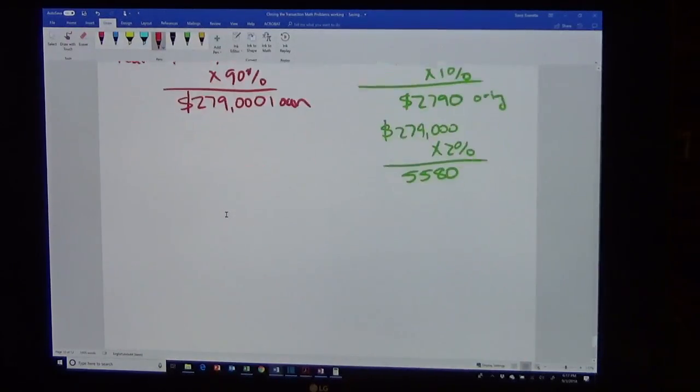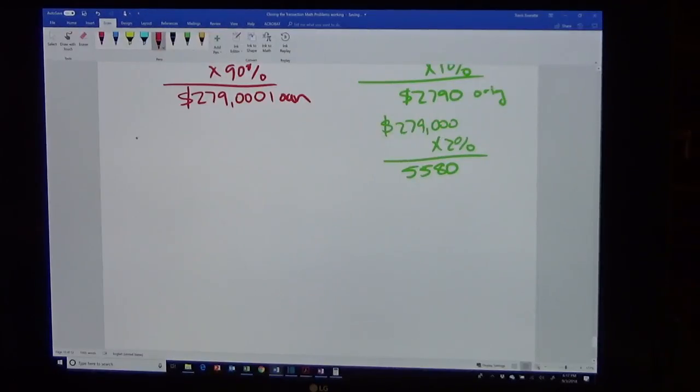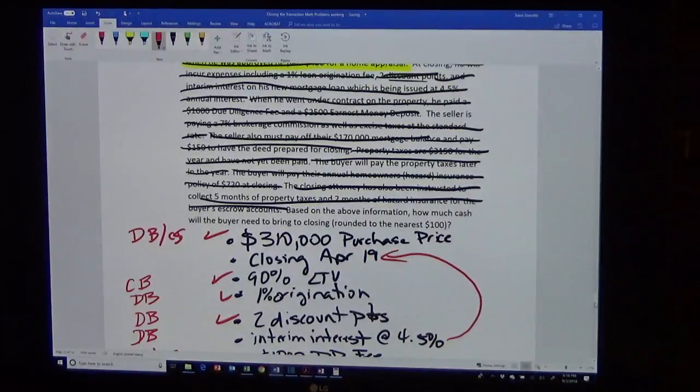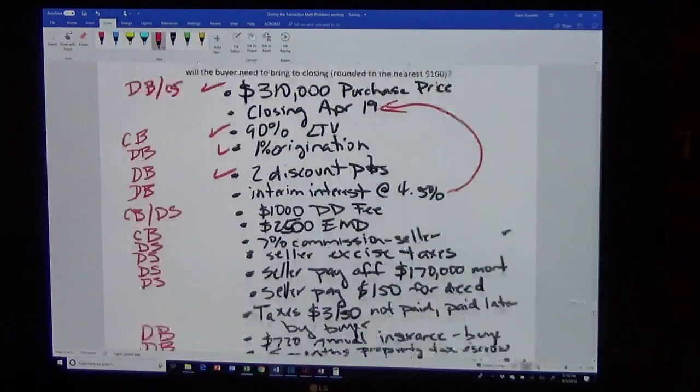For interim interest, we're going to look at that $279,000 loan at 4.5% interest. I have to scroll back up there to check. Yeah, 4.5%.